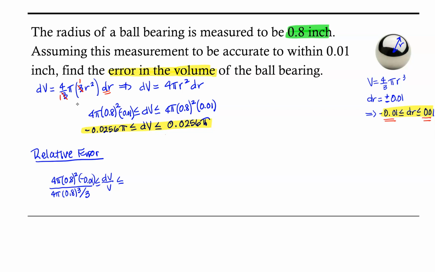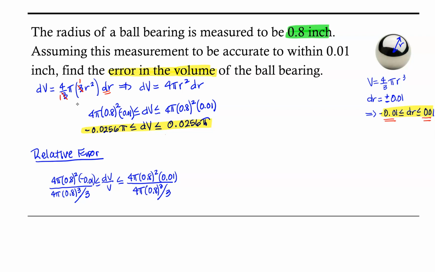And then dV over V is bounded above by 4 pi times 0.8 squared times 0.01, or our upper bound, divided by the true volume, which is 4 pi times 0.8 cubed, all over 3.